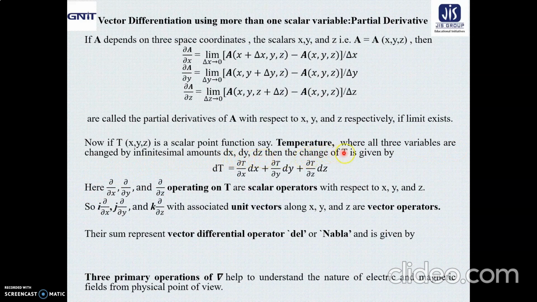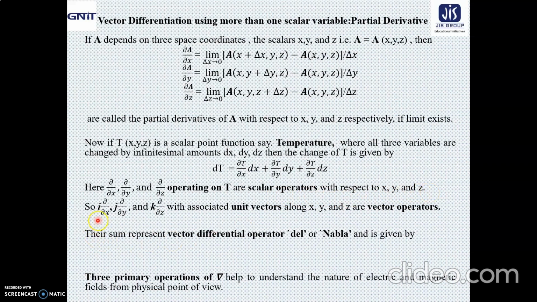Then the total change of T is represented as dT equal to del x of T into dx plus del y of T into dy plus del z of T into dz. Here, del x, del y and del z operating on T are called scalar operators with respect to x, y and z.